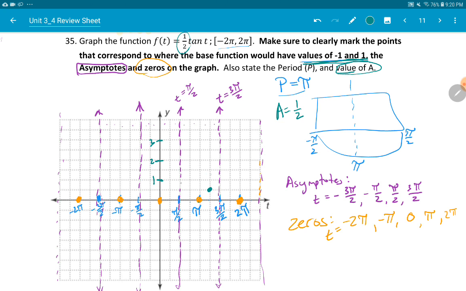So between the 0 and the asymptote, the graph will go through that point at 1/2. And then in the negative direction, it'll also go through that point at -1/2. So my graph looks like this.